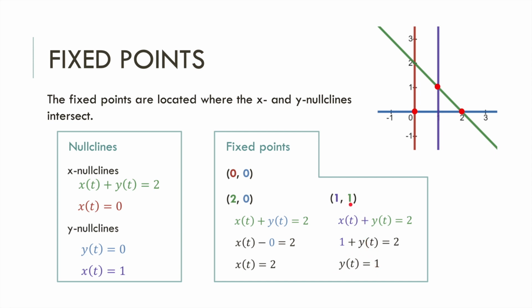So y is 1 and x is 1 as well. Now we have all fixed points. Note that since the x nullcline x of t equals 0 and the y nullcline x of t equals 1 don't intersect, there is no fixed point between the two.